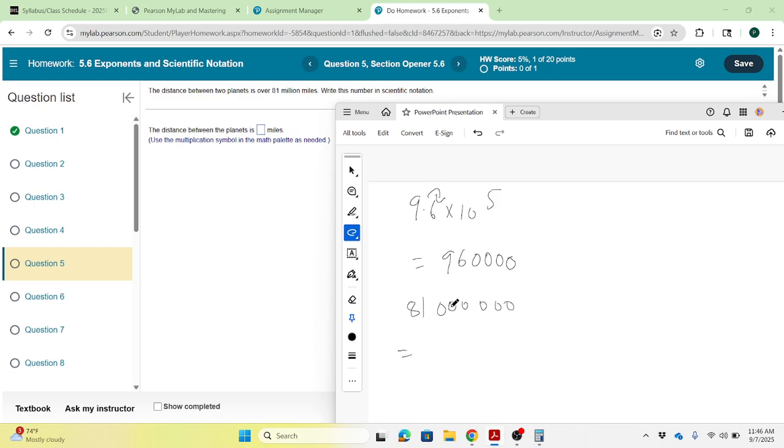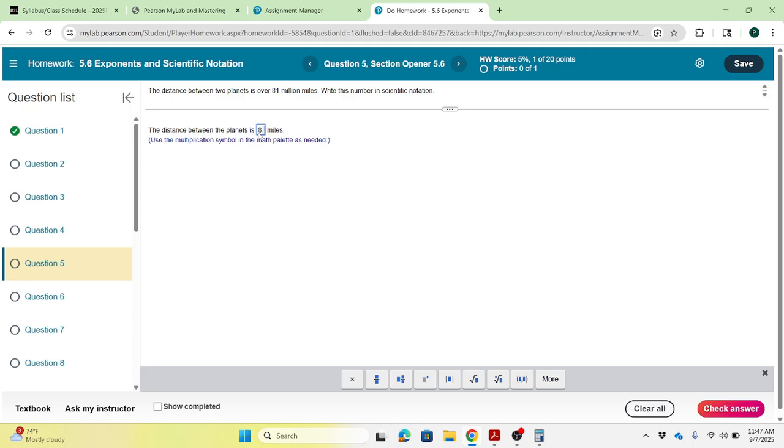Scientific notation means you have to start with the first digit, which is supposed to be less than 10, and then after the first digit you put the decimal, and the number of zeros you don't have to write down, times 10 to the power. So we place the decimal after one digit. How many digits are left over? 1 2 3 4 5 6 7. It's 10 to the power 7. So it's 8.1 times 10 to the power 7.